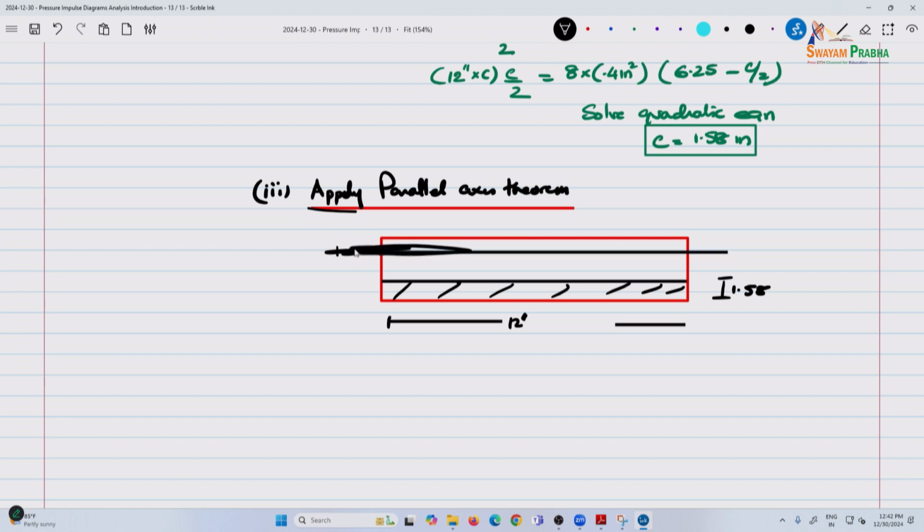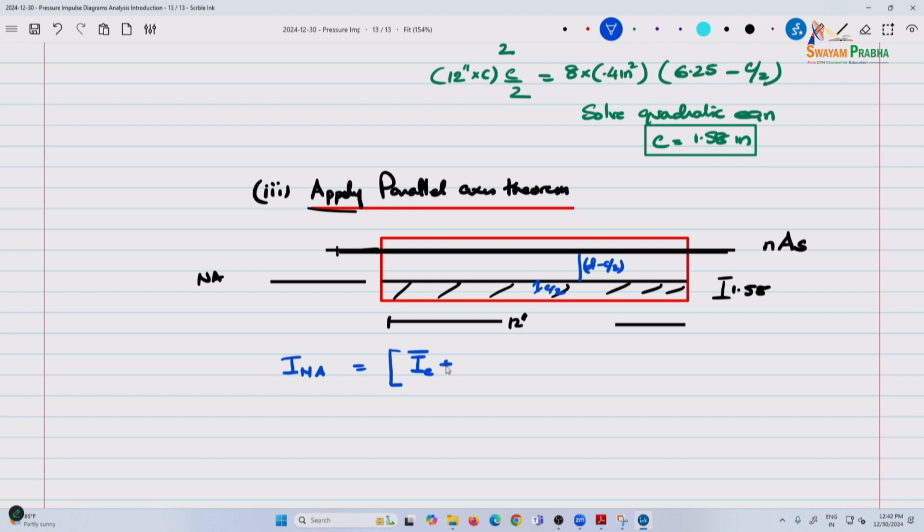Imagine this is a box with area N times AS and this is my neutral axis. So, from here to here it is C by 2, this is D minus C by 2. So, the overall moment of inertia about the neutral axis can be broken down into two parts, I bar of C plus, so this is D1.